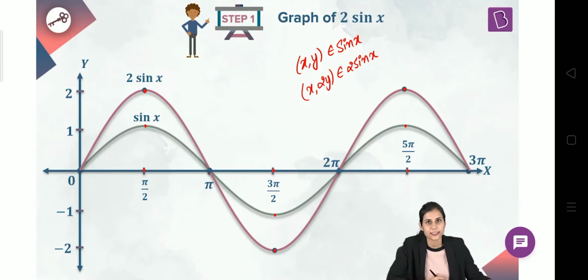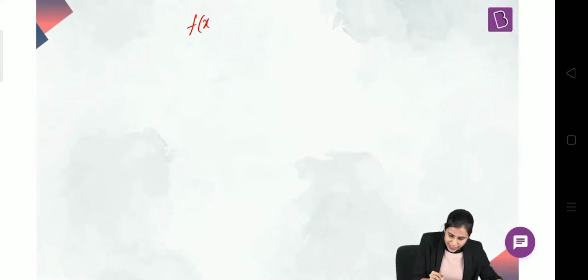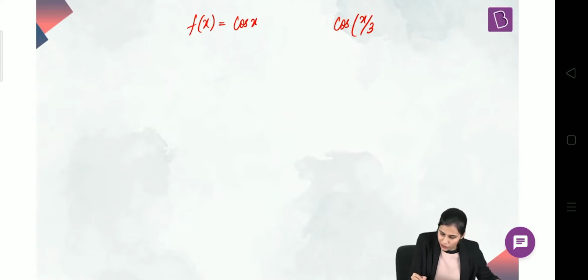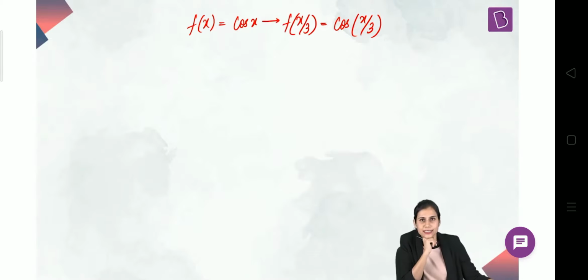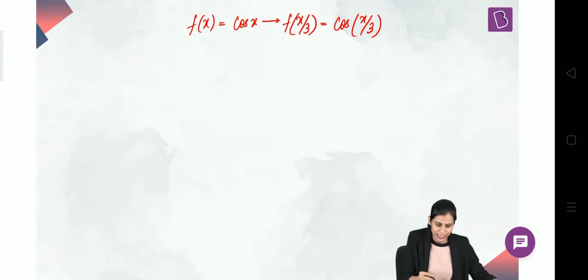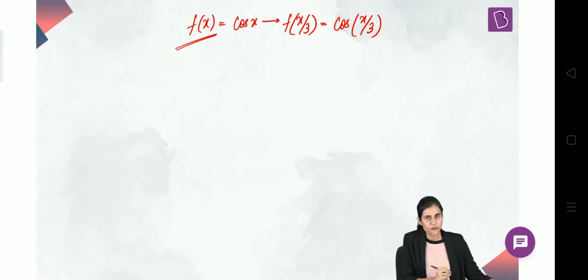Let's now move on to plotting the graph of cos x by 3. Well, again, if I take f of x as cos x, you would agree that cos x by 3 is nothing but f of x by 3. Yes. Now, I know the graph of f of x very nicely. We've learned, right?